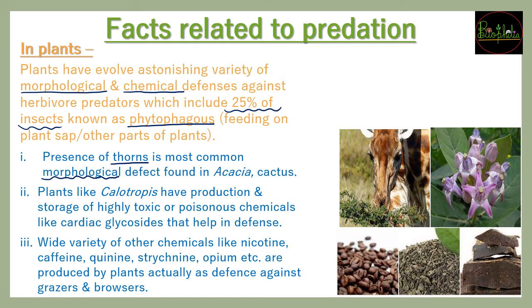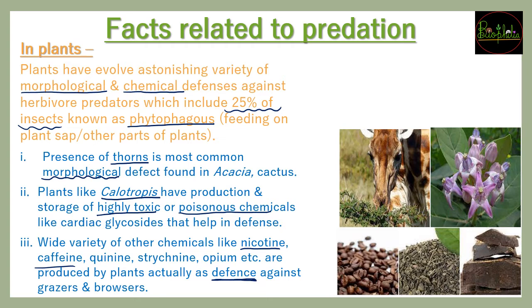Then the presence of different kinds of toxic or poisonous chemicals are going to be helping plants like Calotropis. No grazer will come and eat Calotropis because it is going to be toxic, and that will be helping the plant to grow in its natural way. Sometimes there are many other chemicals like nicotine, caffeine, and other chemicals that humans have nowadays started to produce commercially, but naturally these chemicals were made for defense purposes, so that other grazers or browsers will not be using and killing those plants for their grazing purposes.